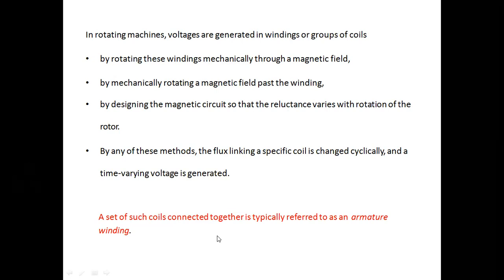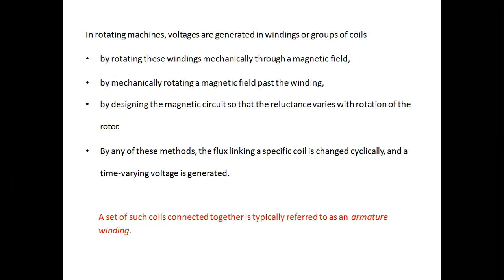Is there any issue? So by any of these methods we will get the magnetic flux that will be created, because we are using the coil.